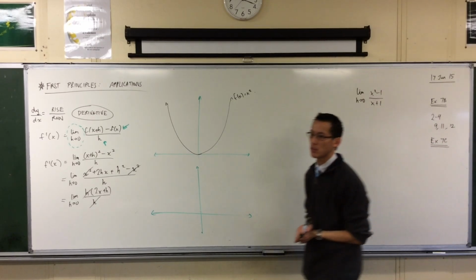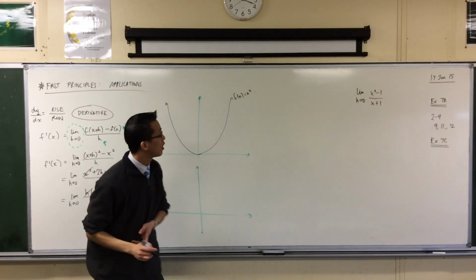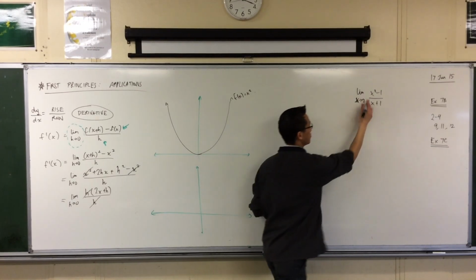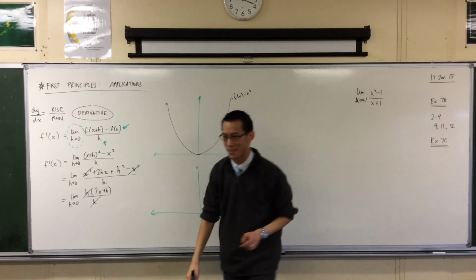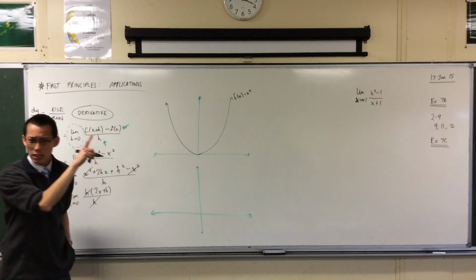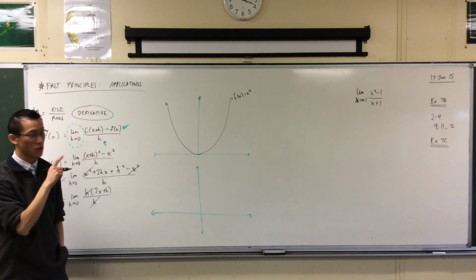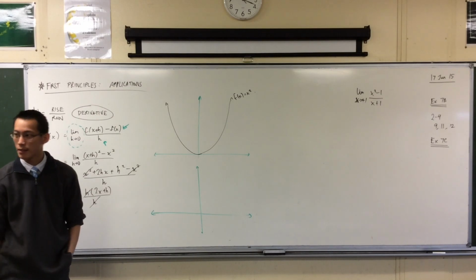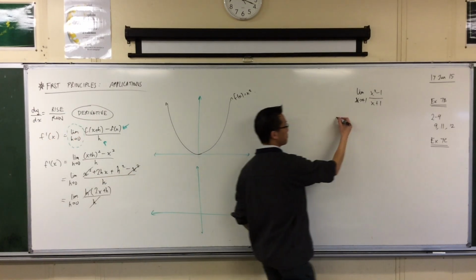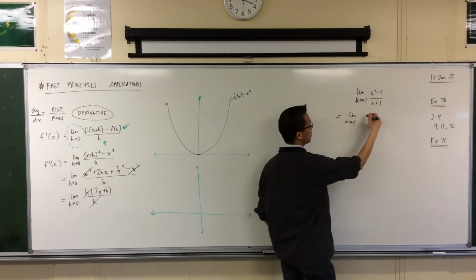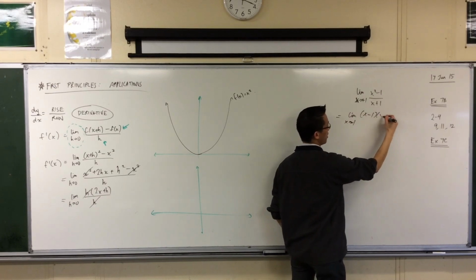Now, what does this thing look like? Even though it's got an x squared on the top, because of what you get on the bottom, you're actually going to get a straight line, aren't you? When you factorize, x approaches negative 1, x minus 1, x plus 1.